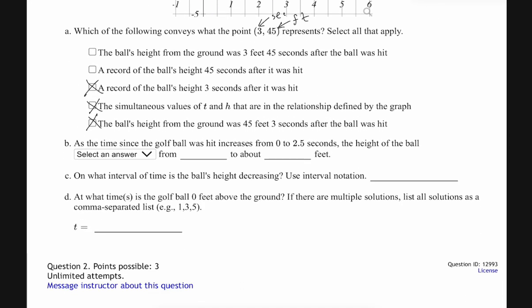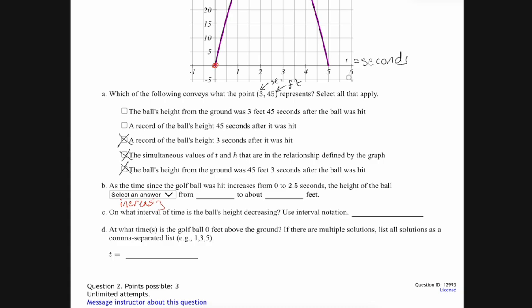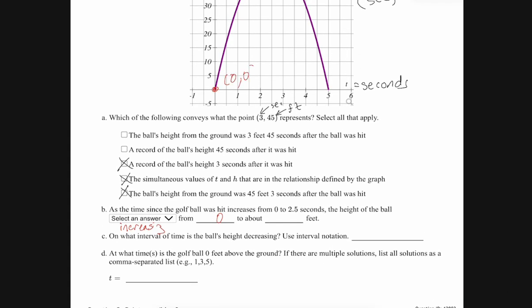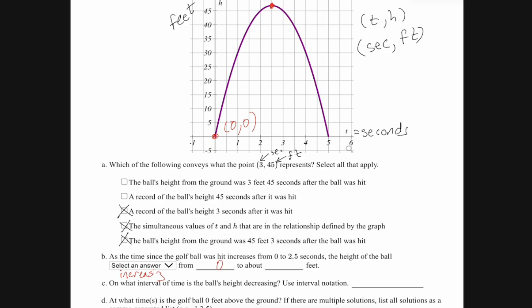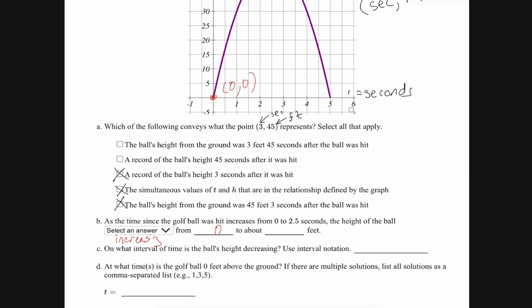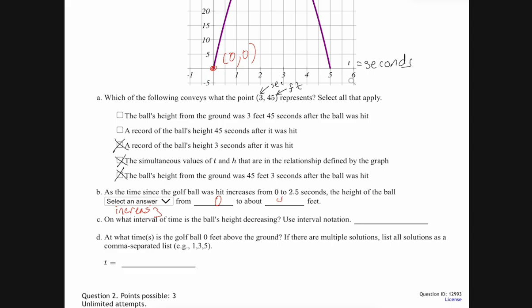So it's going to be increasing. Is that the option? Increasing, decreasing? It's going to be increasing from 0 feet, because that's the 0,0. Yours might be different than mine, but mine goes up to, would you say it looks like about 47 for me? So estimate whatever yours happen to be. Mine's not quite at the halfway point. It looks just slightly under. So I'm going to go for mine 47.